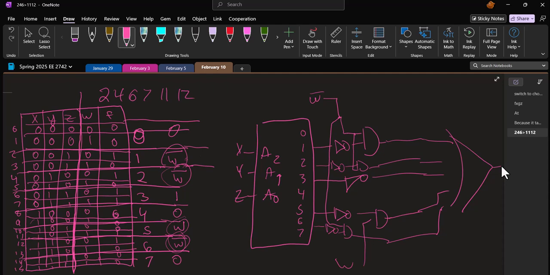Yes. So could you just like not the output of the OR gate, instead of putting the not in here? Yeah, you have to think about that, because you have to think about De Morgan's laws.